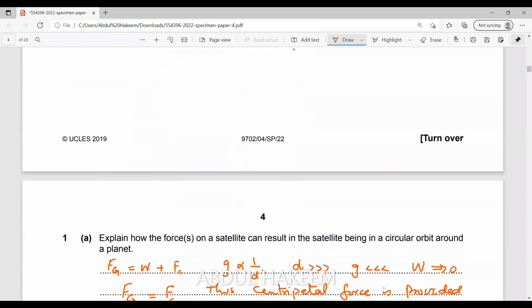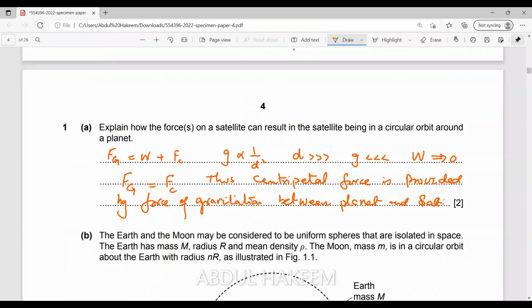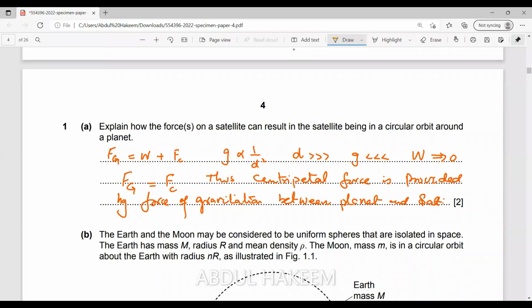Now we start question 1. The question is, explain how the forces on the satellite can result in the satellite being in a circular orbit around the planet.